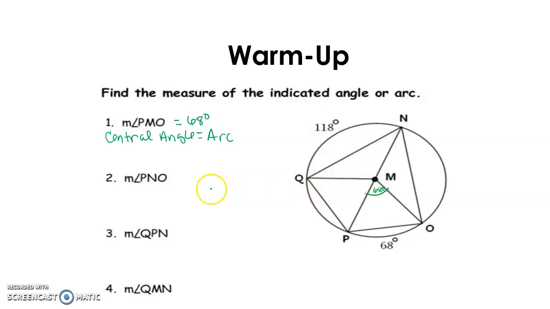Okay, now we're going to move to the next one. The measure of angle PNO. So this is PNO. All 3 points that define the angle are on the edge of the circle. By definition, that makes this an inscribed angle.